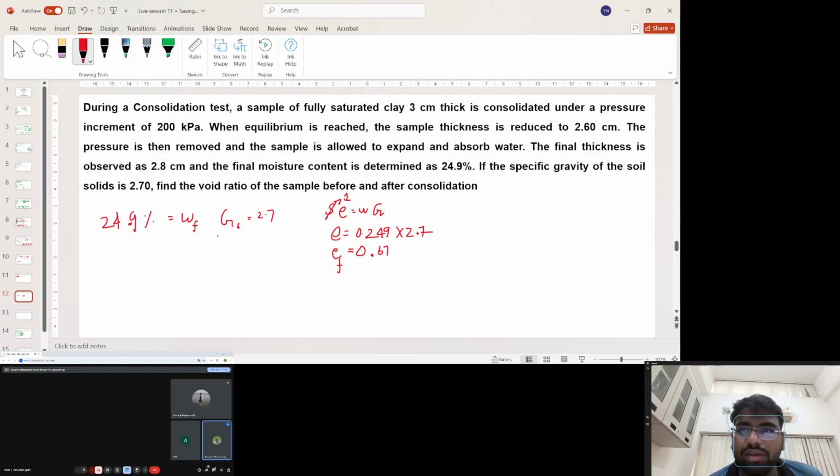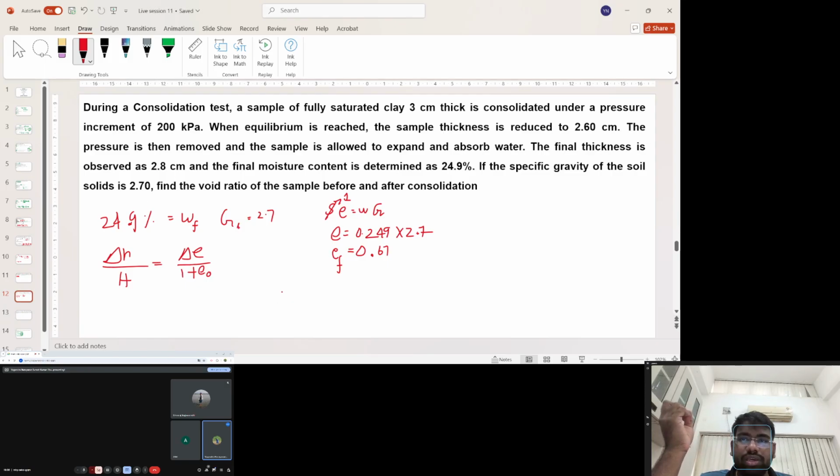So now for the thickness, we have to find the change. Delta H by H is equal to delta e by 1 plus e naught. For this condition we are back calculating.